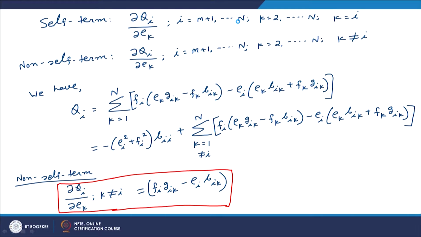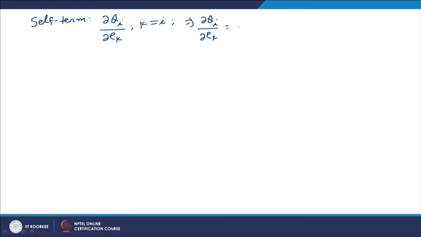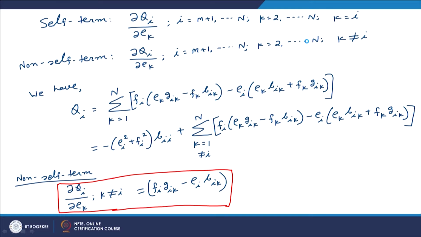So, from this minus 2 Ei Bii, so minus 2 Ei Bii plus the sum over k is equal to 1 to n not equal to I, and I am trying to do it with respect to Ei. So, then therefore, this term would all cancel out.